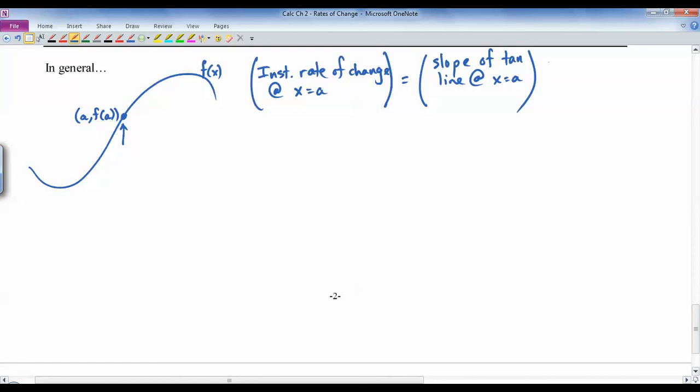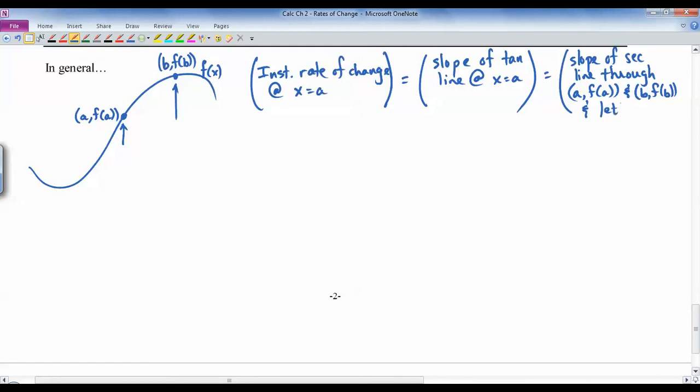And the way to get that is to do one of two things. One way is the slope of the secant line through a, f of a and some other point here, which we'll call b, f of b, and you want to let this point turn into that point so that the secant line turns into a tangent line there instead, and let b turn into a.